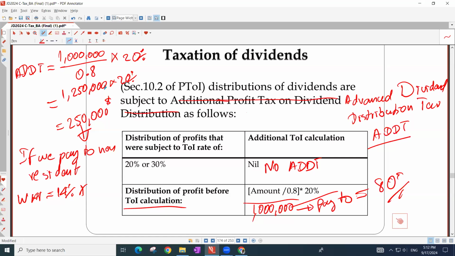How much does the shareholder receive? Yeah, he received 1 million. Yes, based on the example, right? The company pays him $1 million. So he received 1 million.